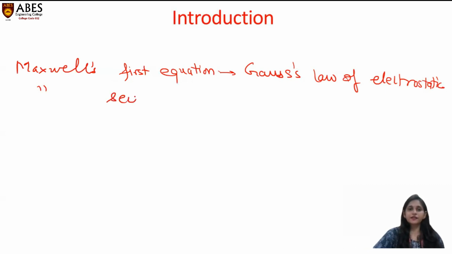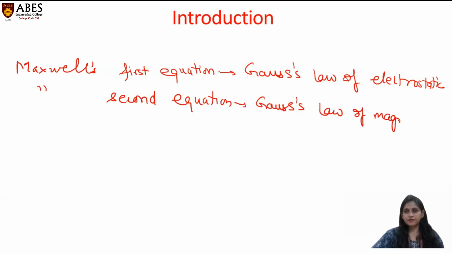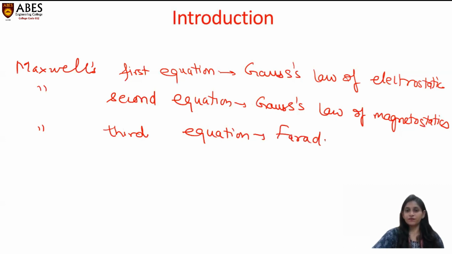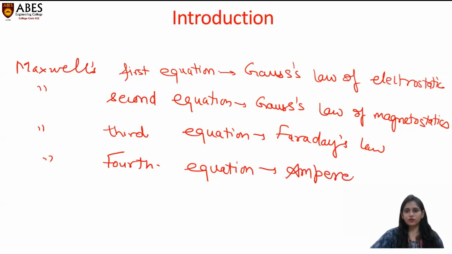Maxwell's second equation represents Gauss's law of magnetostatics. Maxwell's third equation is representing, now tell me what? Very right, it is Faraday's law. Maxwell's fourth equation is representing Ampere's circuital law.